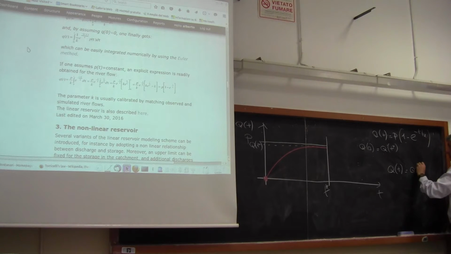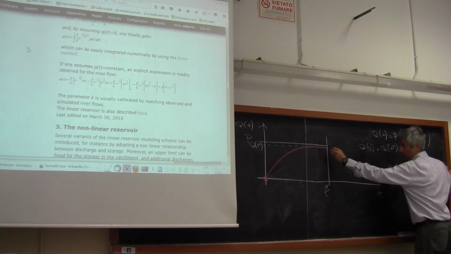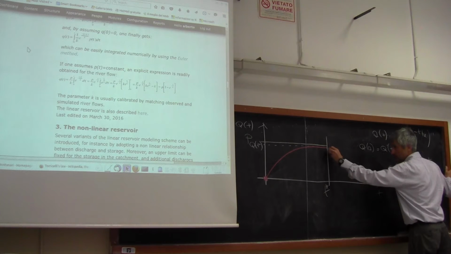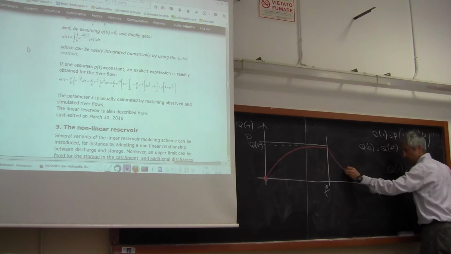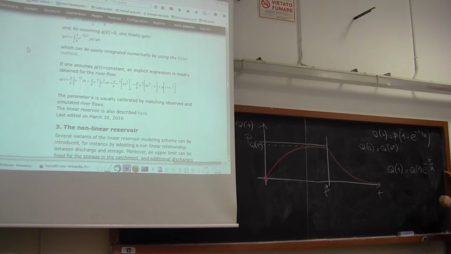So this would be Q(t star) times e to the power of minus t over k. This is what you would get if you go back to the previous formulation of the model. So, what is this? It is a falling limb, a recession limb, which has a shape like that, and it goes asymptotically to 0.